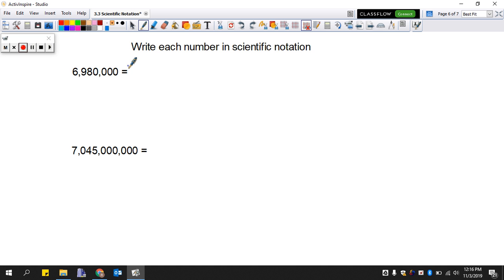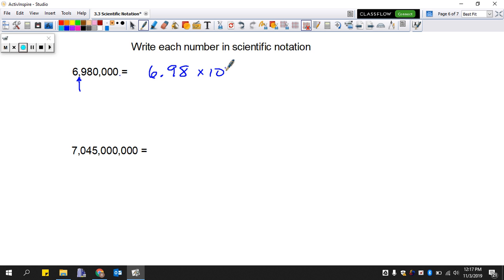So we're going to want it to be 6.98, and then we have nothing but zeros left, so we stop there, times 10 to the, now how many times do we have to move? Well, we have to move it 1, 2, 3, 4, 5, 6. And it's going to be a positive 6 because we started off with a large number. Remember, if it's a large number, a whole number, it's going to be a positive exponent.